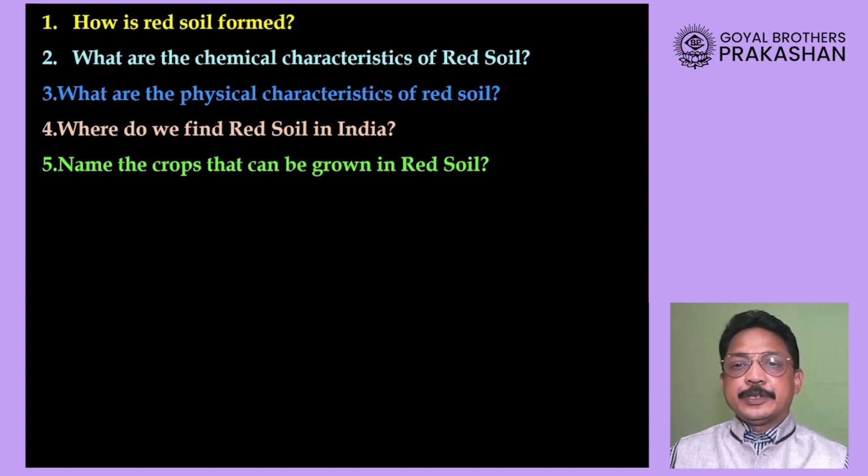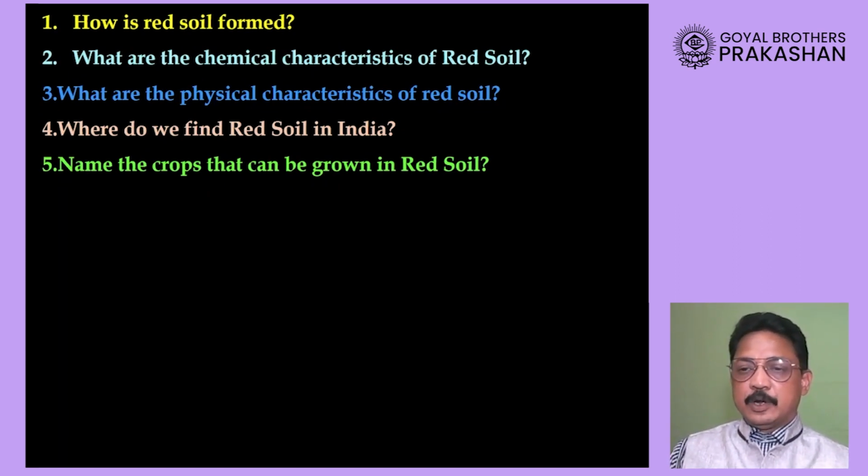The next question, dear student, is name the crops that can be grown in red soil. The first point is, actually this red soil is not very good for cultivation of crops, but we can still grow the crops with the help of fertilizer. So one of the characteristics of red soil, you can write down, is that it responds to fertilizer.